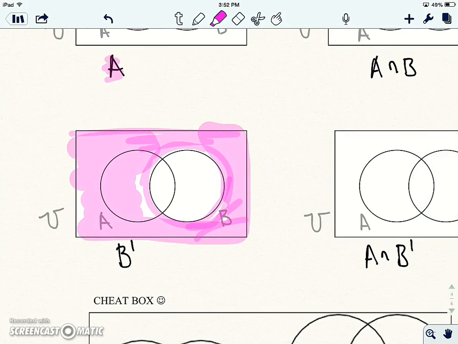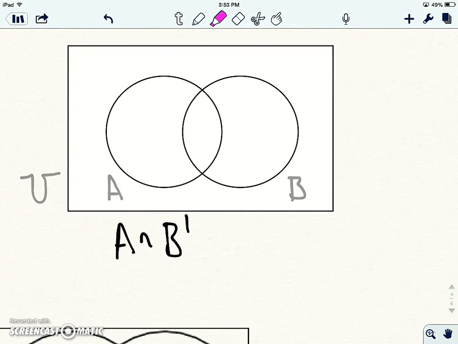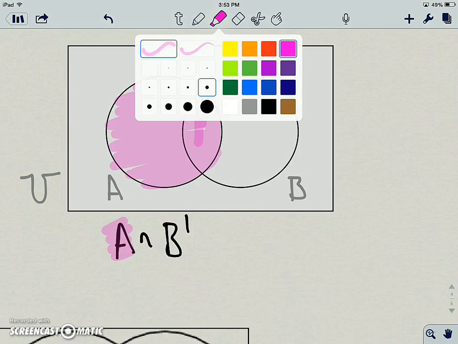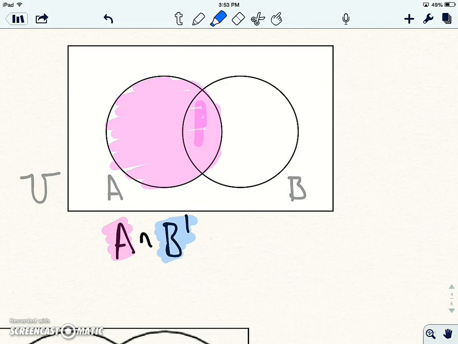Okay. If we did a picture of A intersect B complement, here's where it gets kind of interesting. So A is this. Whoops, let me make it smaller. A is this whole circle. B is the other circle, and B complement is everything that's not in B. So it's all of this out here.